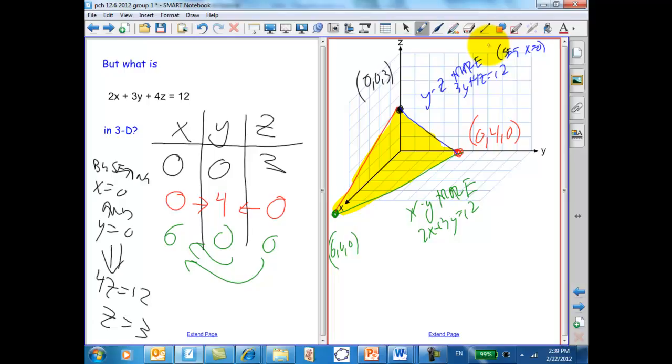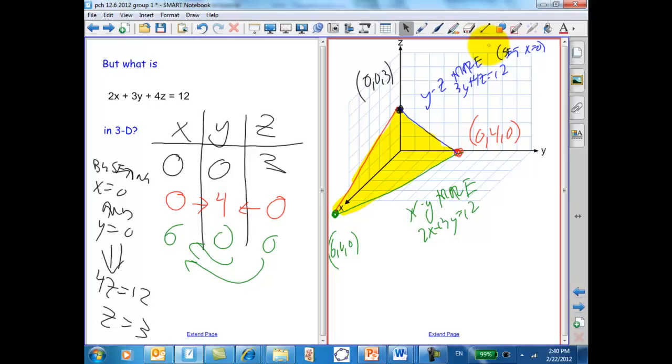Instead, we came up with lines in 3 space. How do you describe a line in 3 space? With a vector equation, right? A point plus t times a direction vector. That'll give you a line in 2 space, in 3 space, in 4 space, in any number of dimensions. Okay?